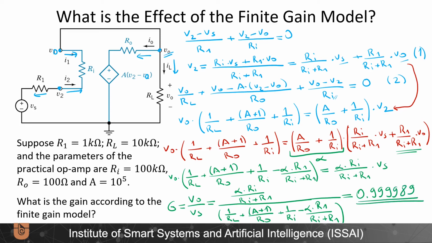So this is a value very close to 1, and all of these finite gain model parameters with the gain A and Ri and R0 affected our circuit minimally, and our gain shifted from 1 to 0.99989. So in this case, the finite gain model was not necessary to use for the unity gain operational amplifier circuit.